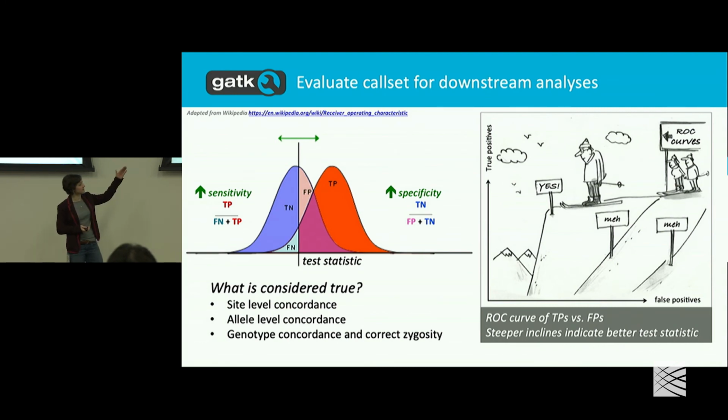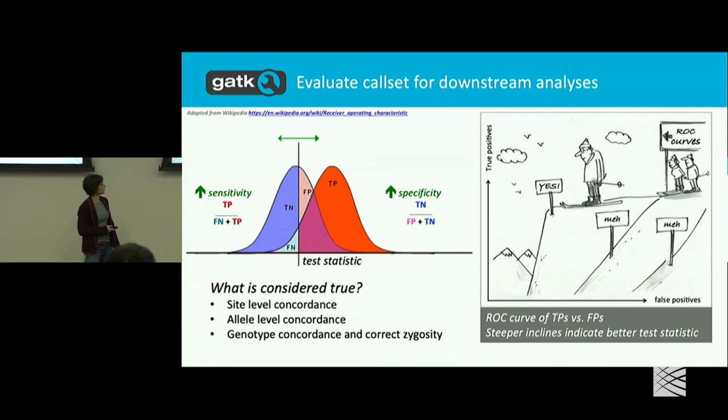And so a good curve is going to have a very sharp drop-off, like that skier there is ready to take on, because I guess we're taking on challenges, we're good skiers. Whereas the ones with the shallower slopes are not good results. But then to apply a threshold, you need to pick a point on that curve where you say, I want to pick up as many true positives as possible before my false positive rate starts increasing. And certainly that's a lot easier if you include truth samples in your call set.